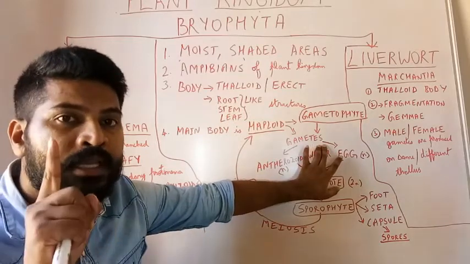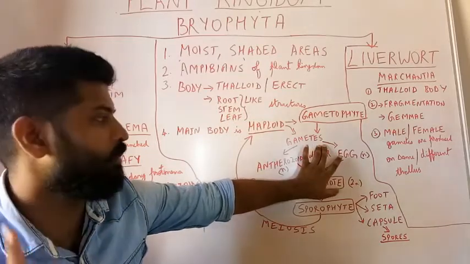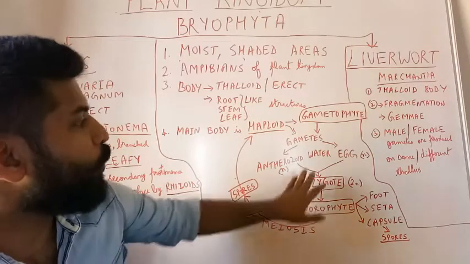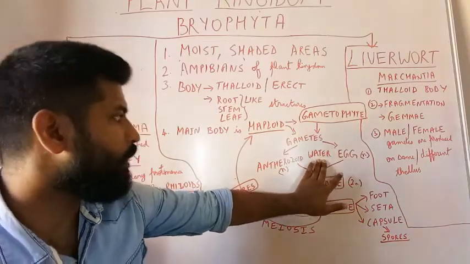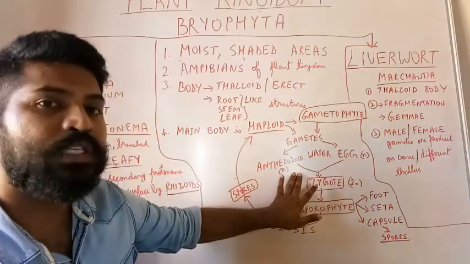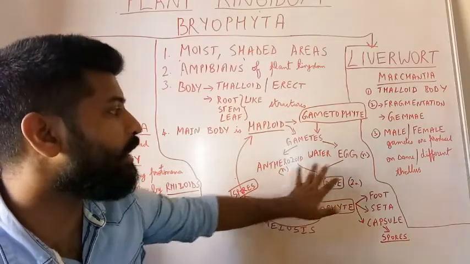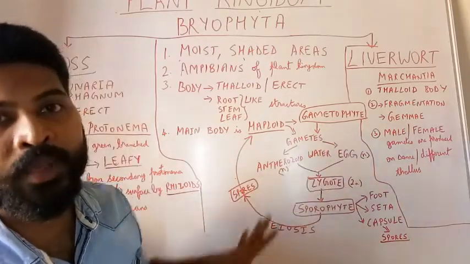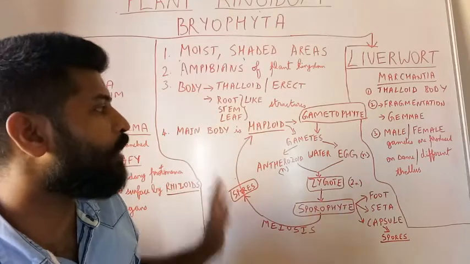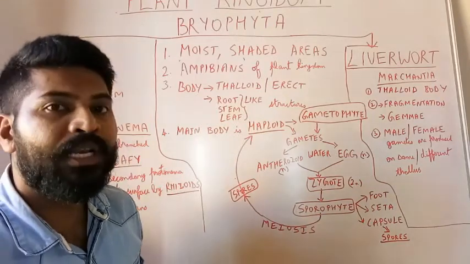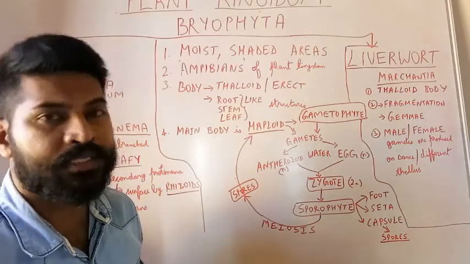It produces a single egg. With the help of water, the antherozoids swim and reach the mouth of the archegonium. Then they enter the archegonium where fertilization takes place.